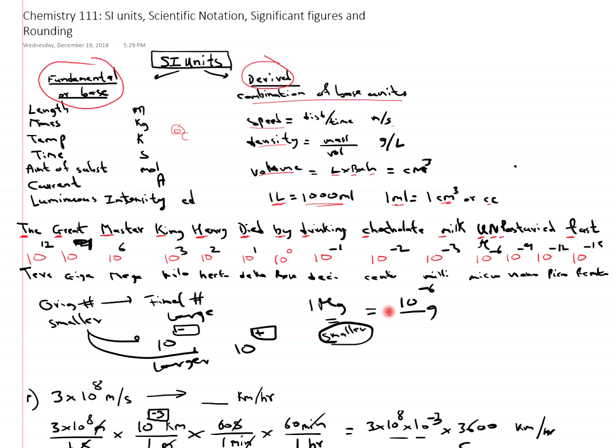The mnemonic that we talked about to remember the exponential forms of the various measurements was the great master King Henry died by drinking chocolate milk unpasteurized fast. It basically stands for tera, giga, mega, kilo, hecto, deca, base unit, deci, centi, milli, micro, nano, pico, and femto.